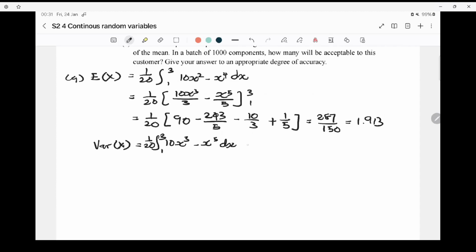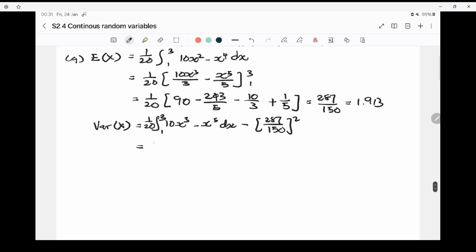And then minus the expected value squared. So let's integrate the first part. You would get 10x to the power 4 divided by 4 minus x to the power 6 over 6, from 1 to 3, minus 287 over 150 squared.